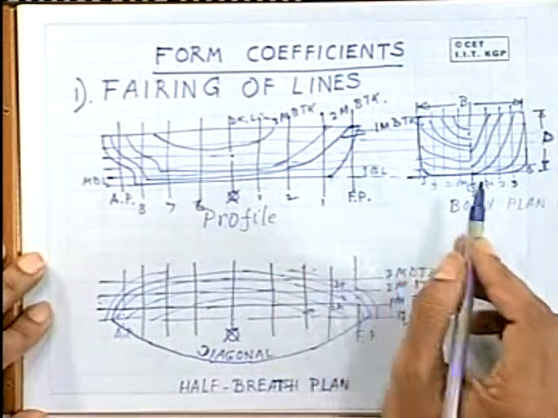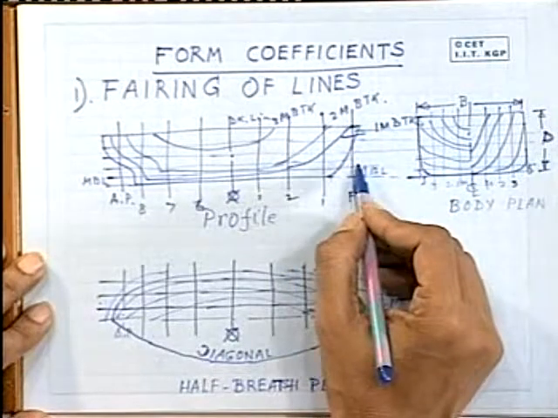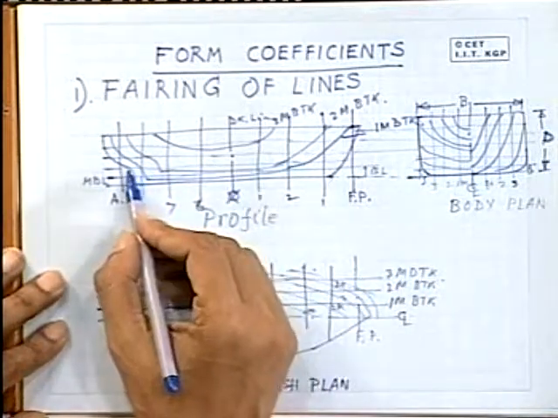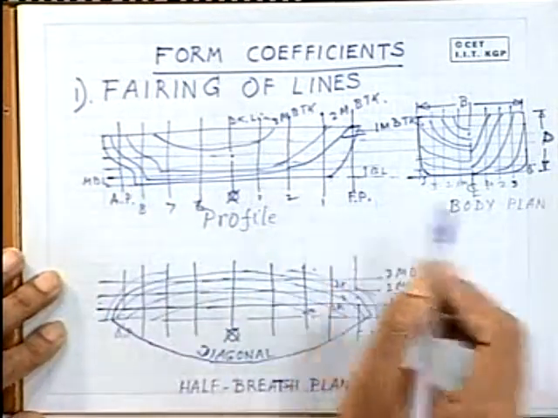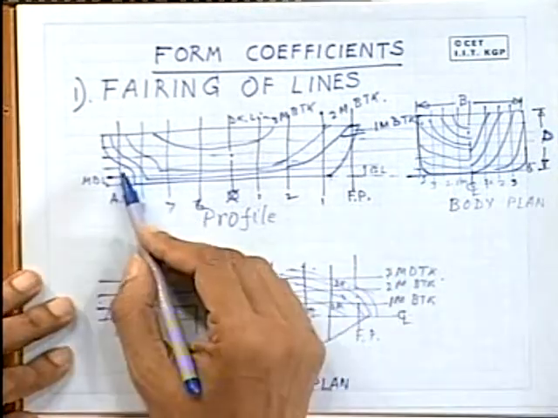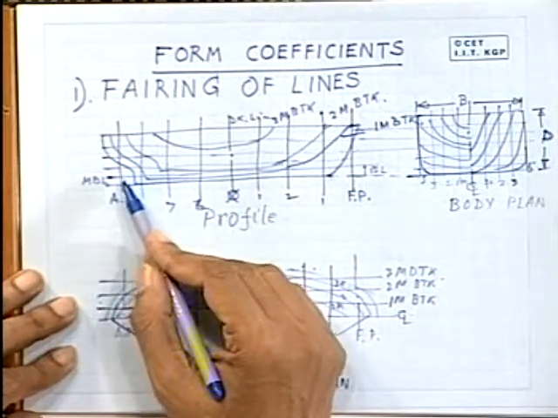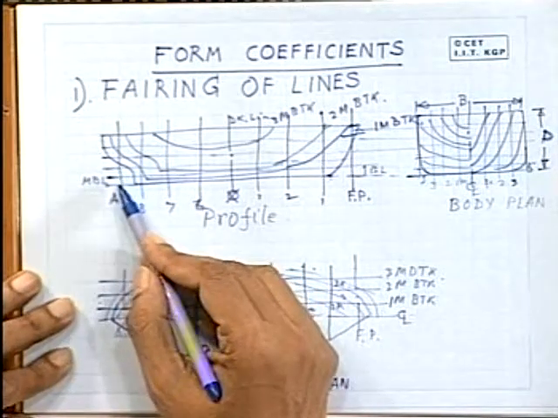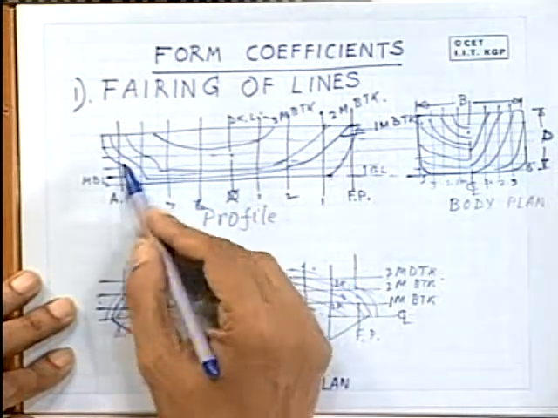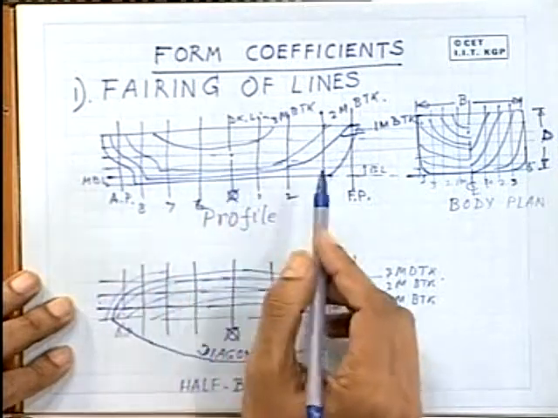So when a naval architect makes the initial drawing, what happens, the flow of water in your ship, you will find that the propeller is situated at the aft, and of course in the propulsion class you will be told that the efficiency of the propeller actually depends on the amount of water that is flowing into the propeller. Now, the propeller actually accelerates the water sternwards. That is how you develop the thrust.